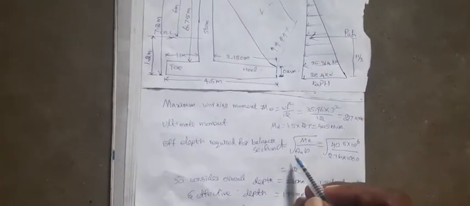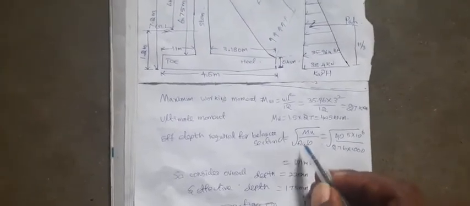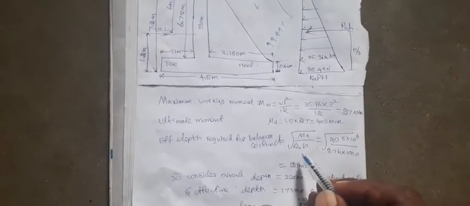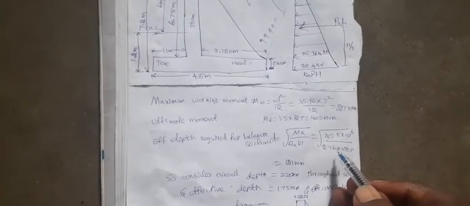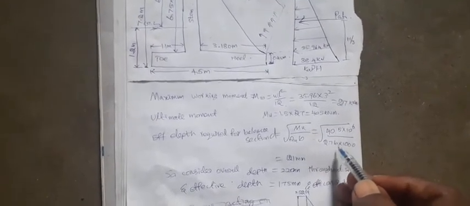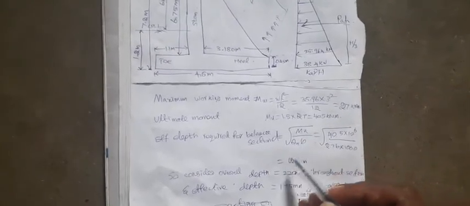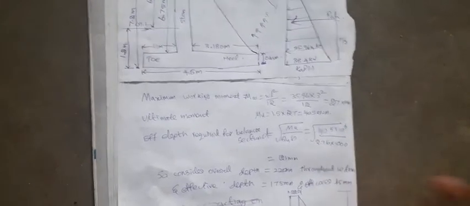So d is the minimum effective depth required for the slab section. Mu is the ultimate moment. Qu is a factor which for M20 and Fe415 steel is 2.76. It's a derived value. Every time we use M20 and Fe415, we have to use 2.76.